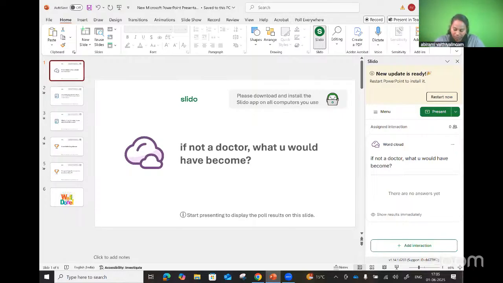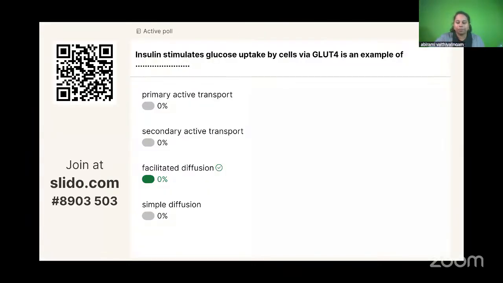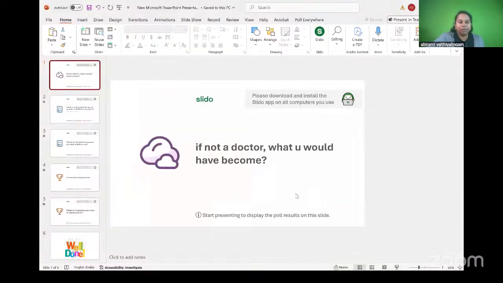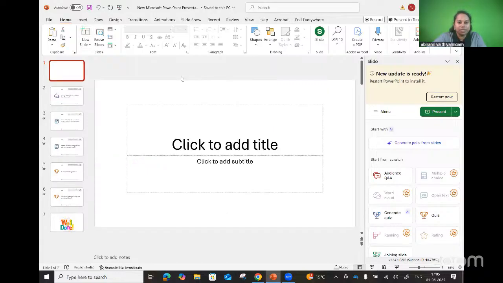Okay. So I think all of you are seeing this screen. Yes, all of you take your mobiles. Just click on the Google camera, the Google Lens, and scan this QR code that you will be seeing on the screen.